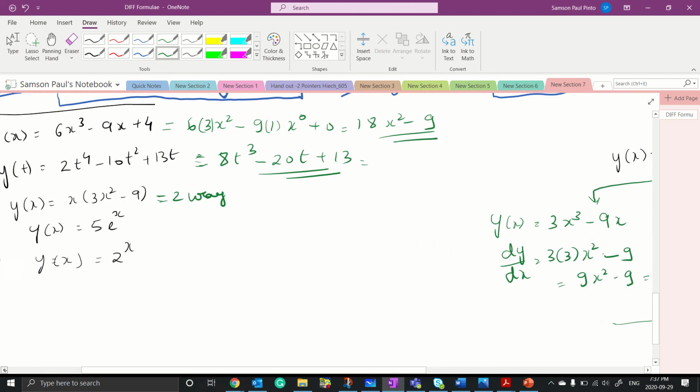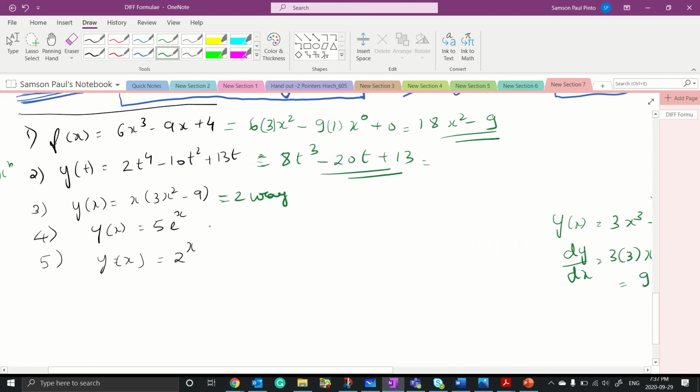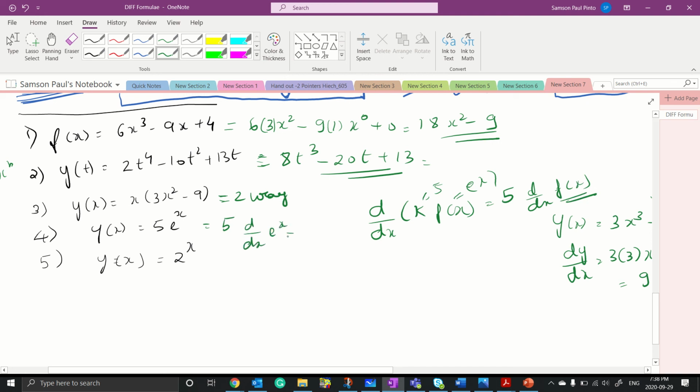Next, proceeding to the next problem, differentiation of 5 e power x. It is the same as writing d by dx of k into a function, where k is 5 and the function is e power x. I have told you it is nothing but 5 times d by dx of the function. So this will give me 5 times d by dx of e power x, that is 5 e power x.